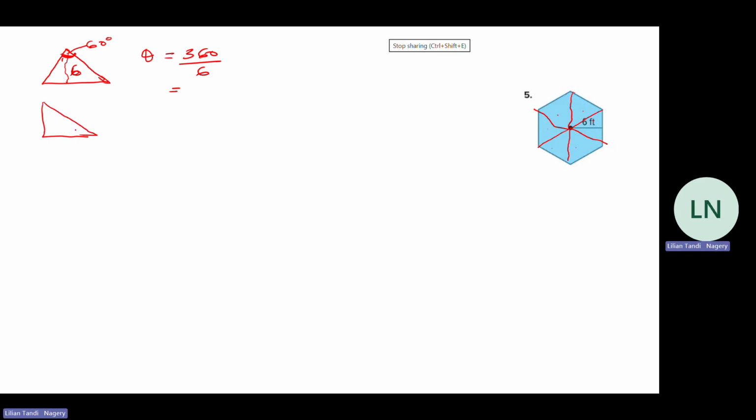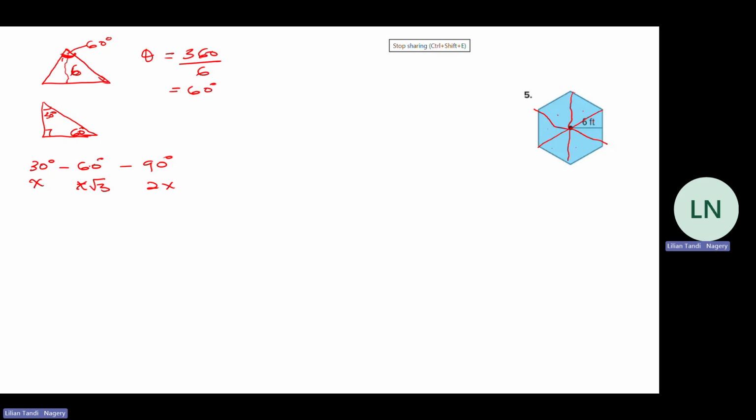If my central angle is 60, this angle here will be 30 degrees. This is 90 degrees, and this will be 60 degrees. Because this is a special right triangle, it will be 30-60-90. This will be x, this is x square root of 3, and this is 2x.